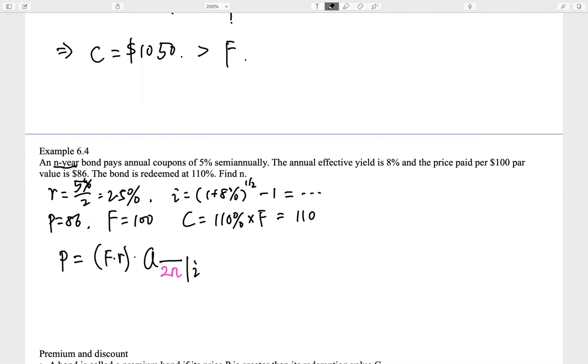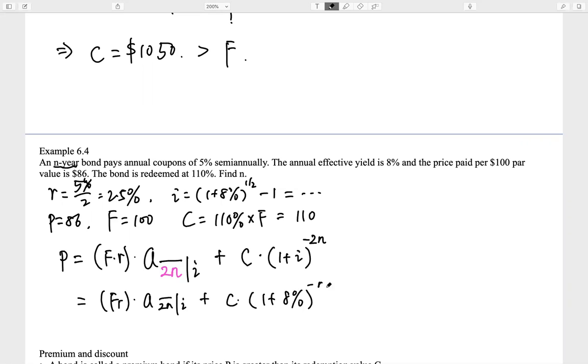Here is i plus C times the discount. Well, you can either use i or use the original 8%. It's up to you. If you use i, it would be negative 2n, right? You can also write it in 8% if you want. So let me write it again using 8%. So then it's negative n, right?